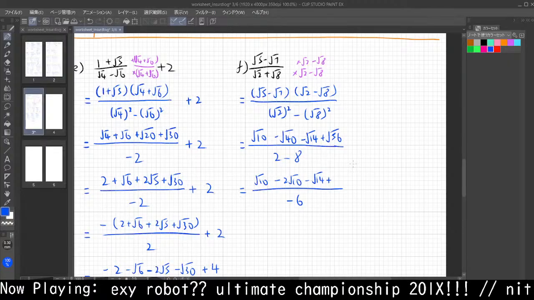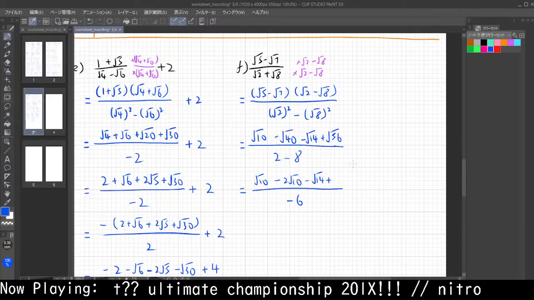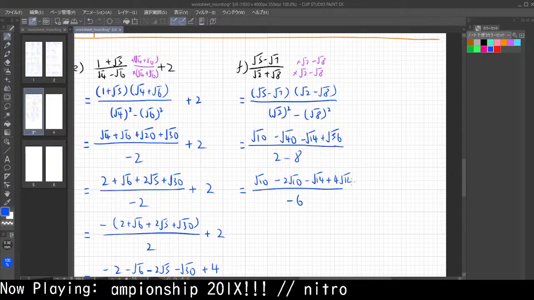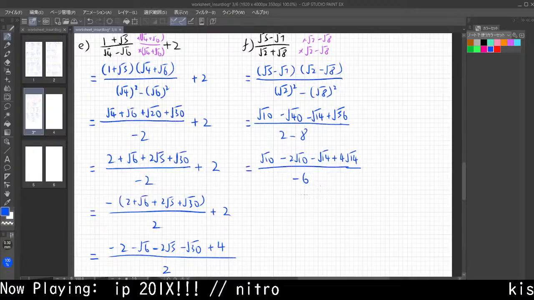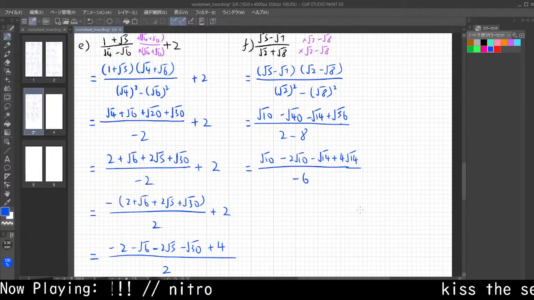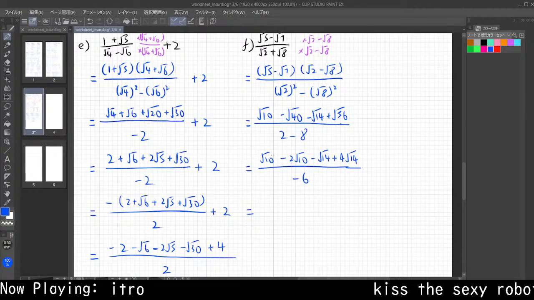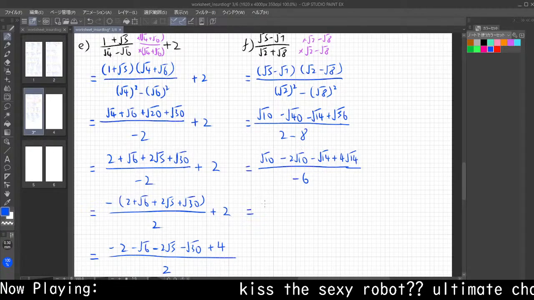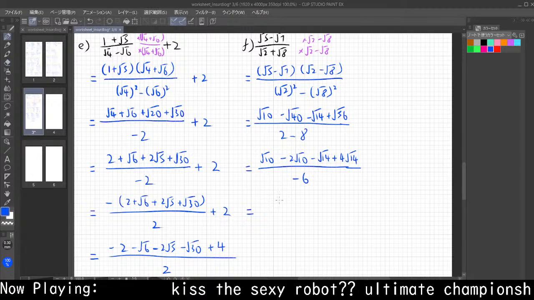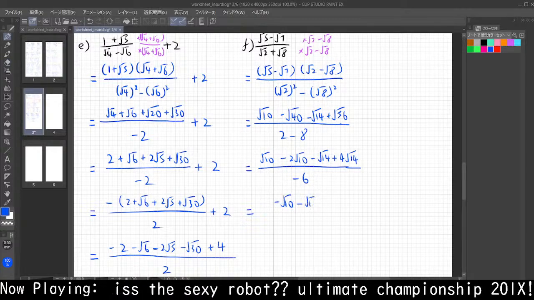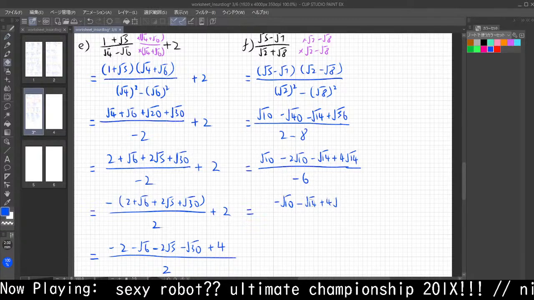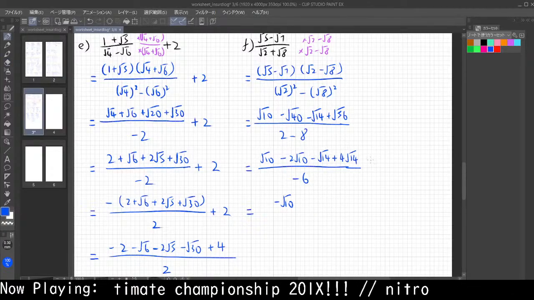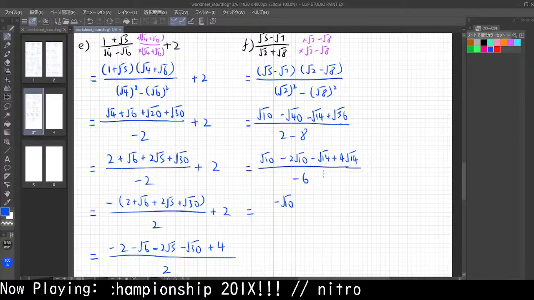56 is 4 times 14. Okay, again, verify whenever possible. Okay, square root 10 minus 2 square root 10, 1 minus 2, negative 1. 14 minus square root 14 plus 4 square root 14, 4 minus 4 plus 1 plus 3.